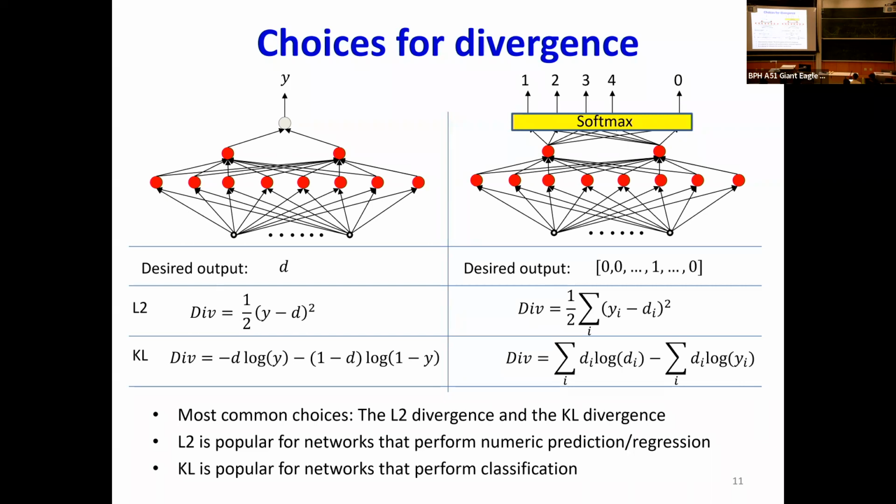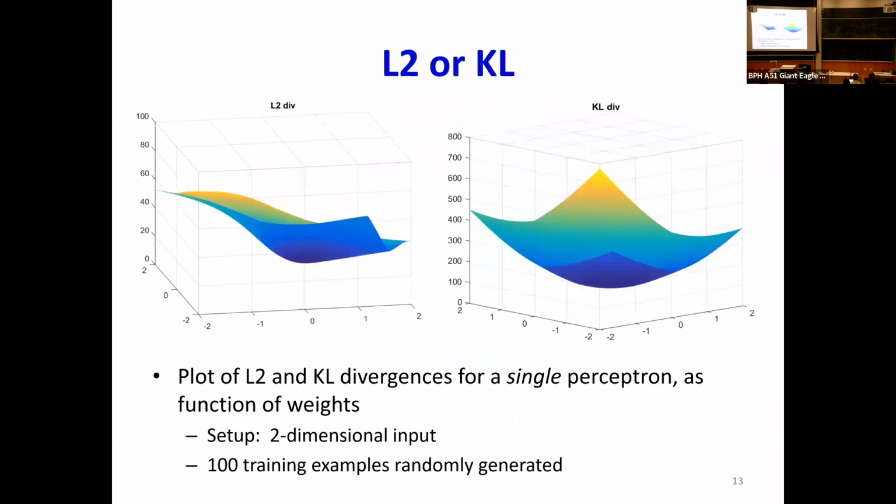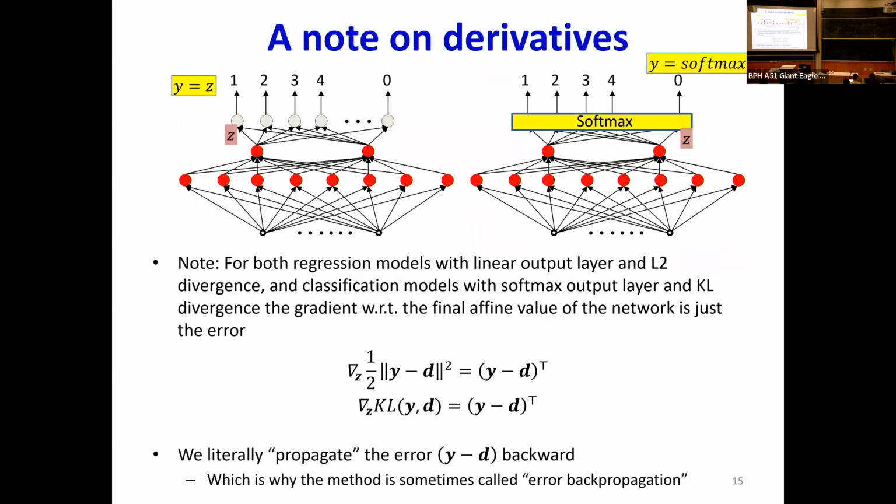But then, if you take the derivative with respect to z, meaning taking a step back past the sigmoid activation all the way down to z, that actually ends up becoming y minus d. So for the classification network, where you have a softmax or a logistic activation at the output, the derivative of the KL divergence with respect to the pre-activation affine term is simply the error between the output and the desired output.